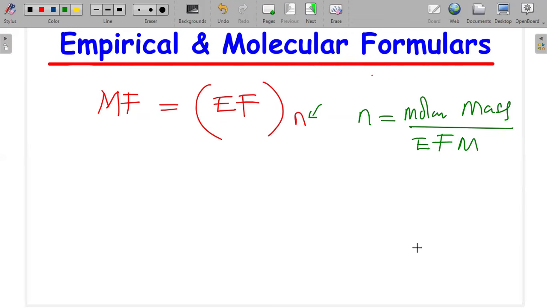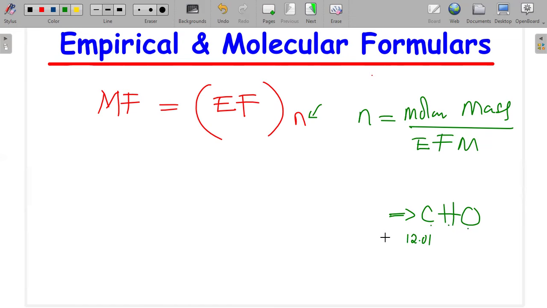So for example, if my empirical formula may be CHO, just an example. If this is my empirical formula here, from this I'll get my empirical formula mass, simply meaning add the molar mass of this guy to this guy to this guy. So for the carbon, we know it's 12.01.